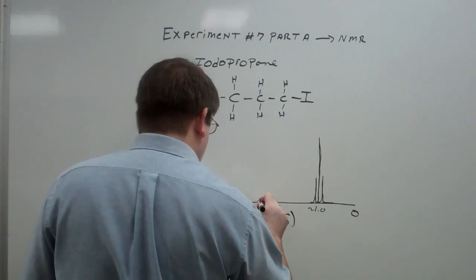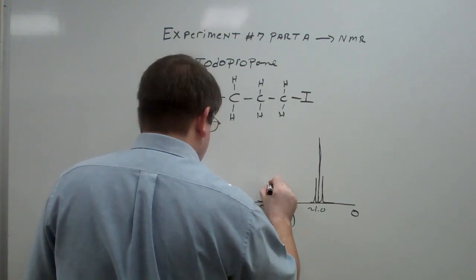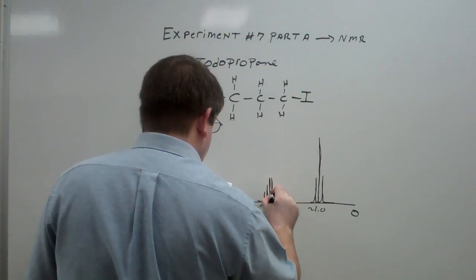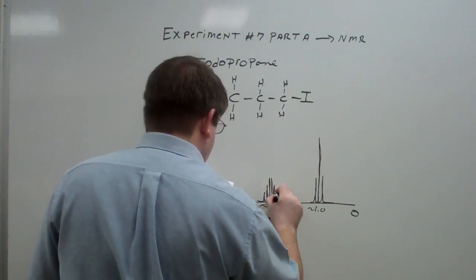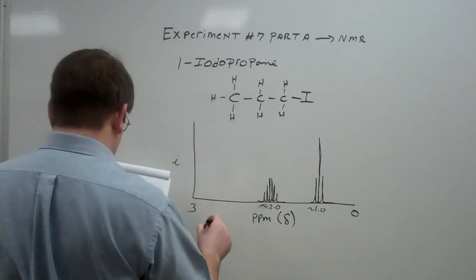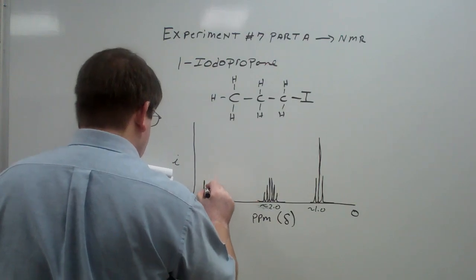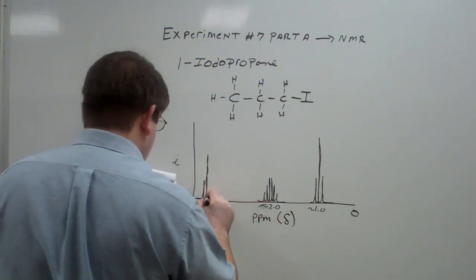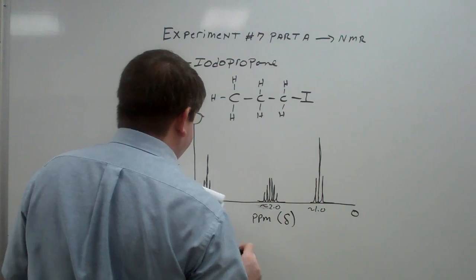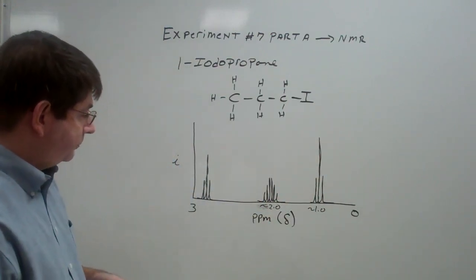And we're just going to call that a multiplet. And at around 2.9, so pretty close to 3 out here, we have another triplet, something like that. And it's a little smaller than the triplet that we see at 1.